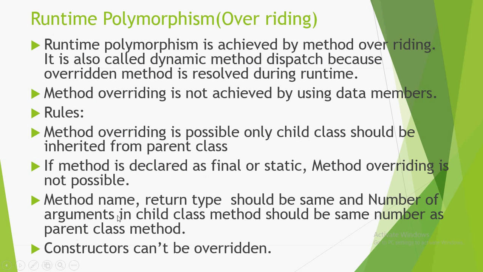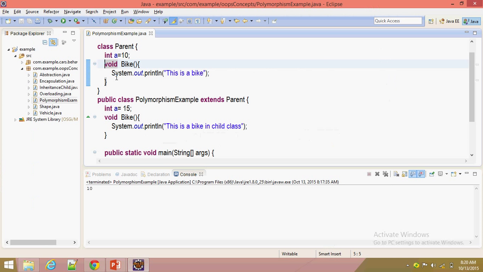Method name and return type should be the same, and the number of arguments in the child class method should be the same as in the parent class method. Whatever return type we have, that return type should be the same, and the number of arguments available in the parent class should be the same in the child class. Suppose here we have one more.